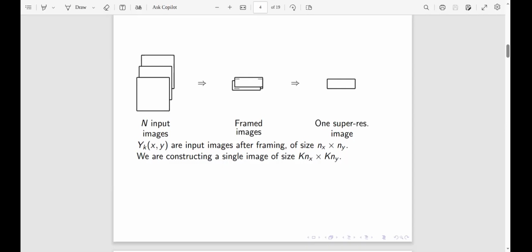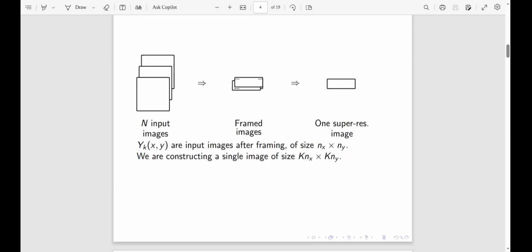Yes, this can be of the order of thousands, maybe a few thousands or half a thousand. Okay, thank you. Sorry, I just wanted to understand.